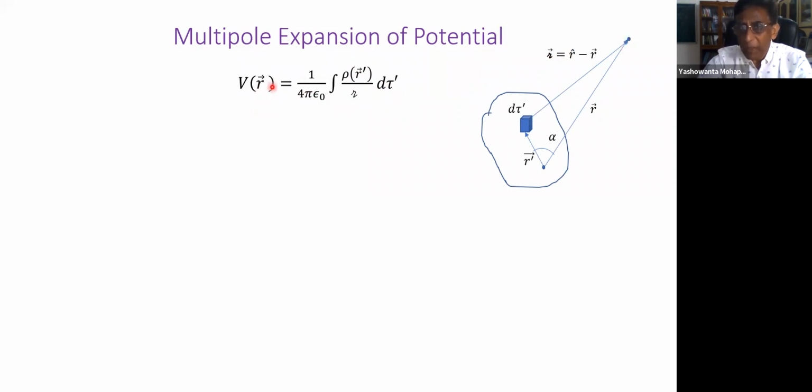Now I want to expand this in what I call the various moments, and that I call the multipole expansion. So first thing I note is that this curly R squared, from here to here, I can express as r squared plus r prime squared minus 2 r r prime cos alpha. This we have done often enough.